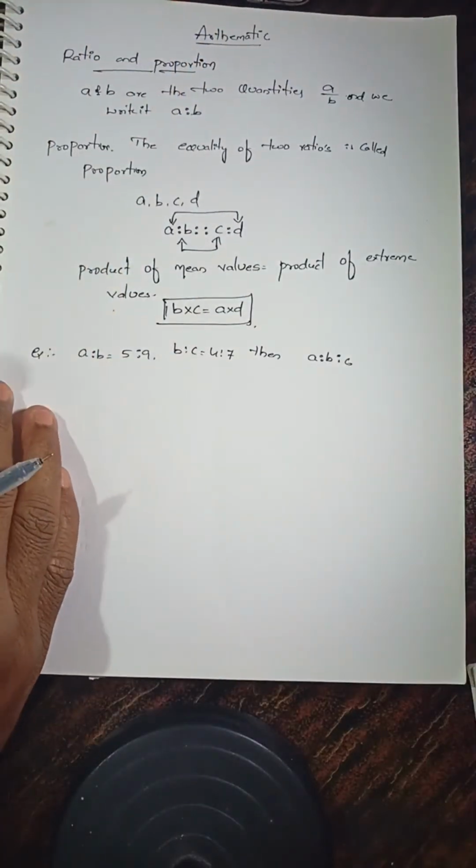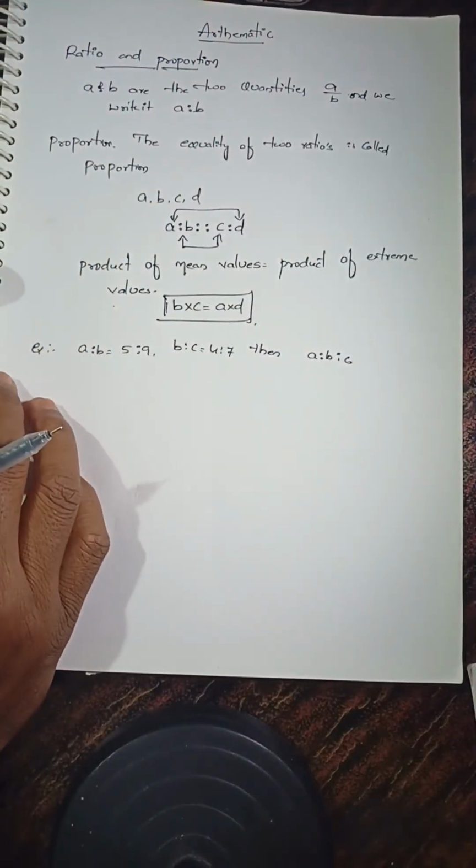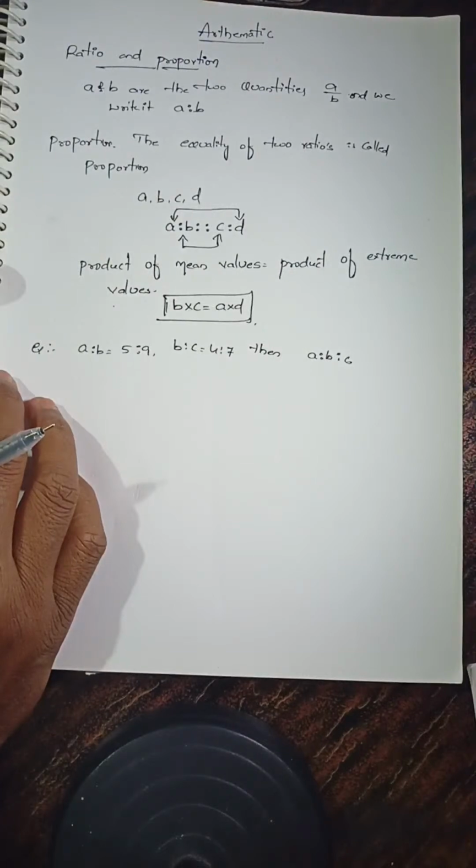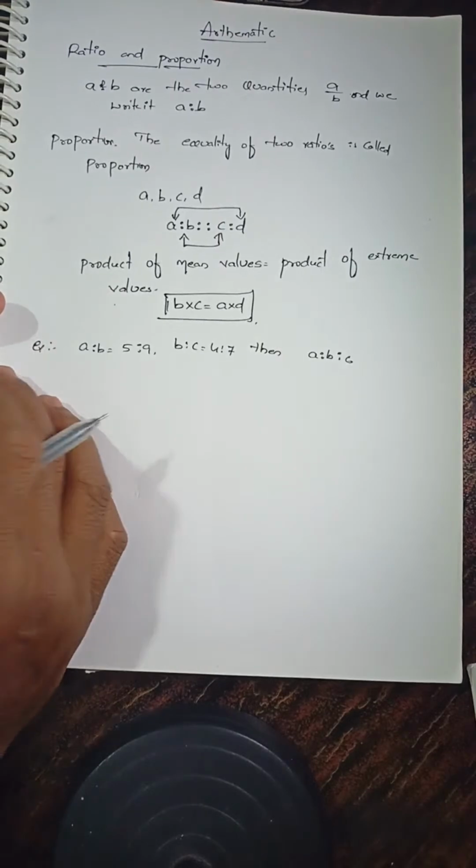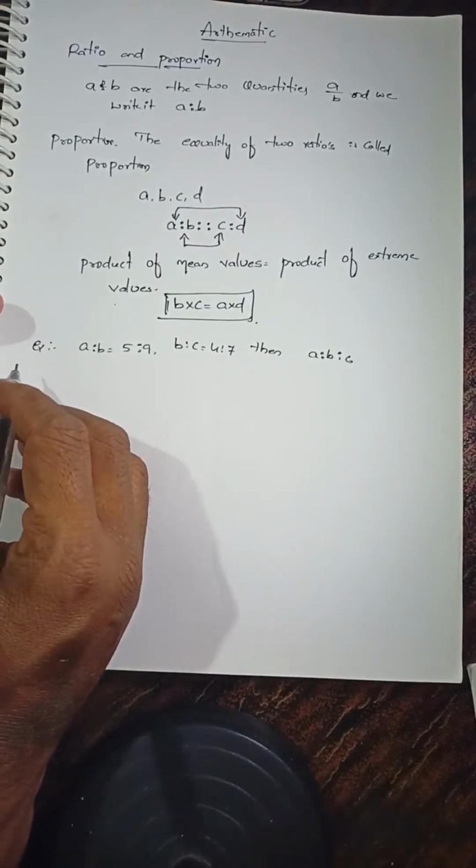What is the ratio we are going to get? The answer, a is to b is to c.